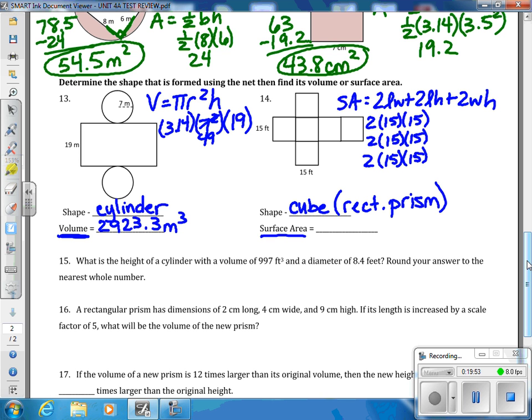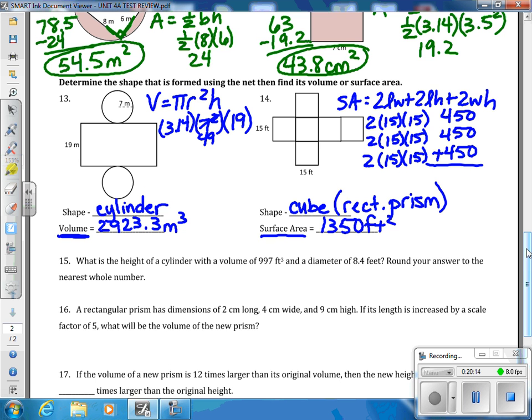So once you do one of them, you can just add all three numbers together. Right, so 2 times 15 times 15 is 450. So you're doing 450 plus 450 plus 450. And that's going to give you the surface area. So the surface area of this cube is 1,350 feet squared. Remember, surface area is squared.